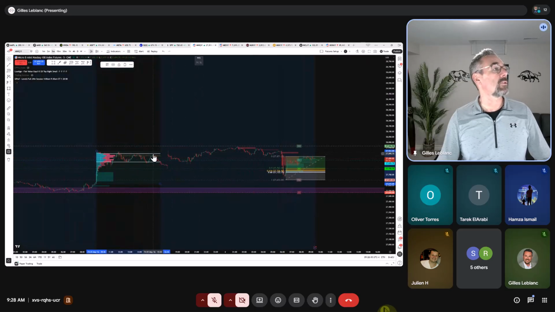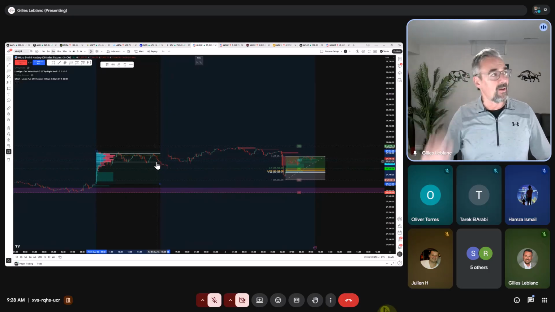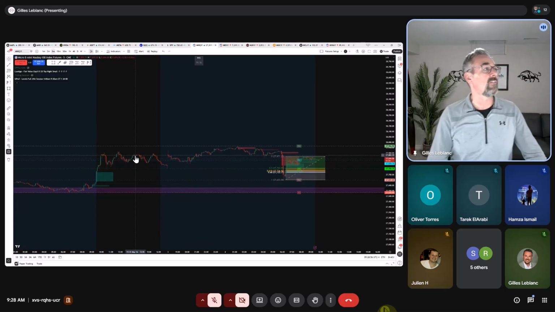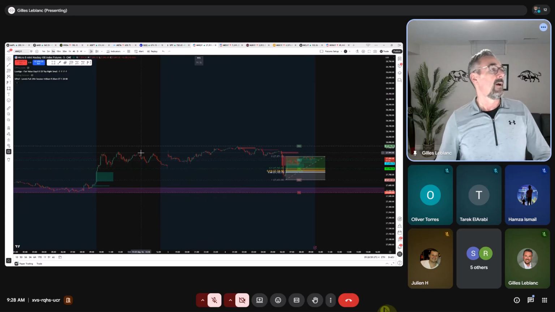Shorted the top actually right over here and got out for a small gain, just to test out the differences between paper trading and live account trading, and I'm glad I did, because I wasn't able to set a range order. I went in with a market order, shorted the top over here right before it started coming down here. But then I wasn't able to put a take profit and a stop loss.